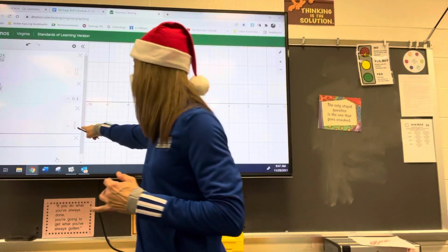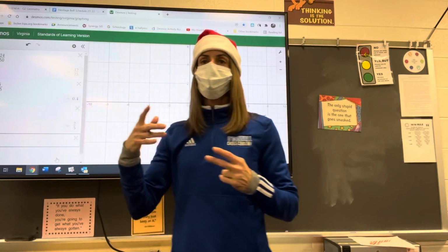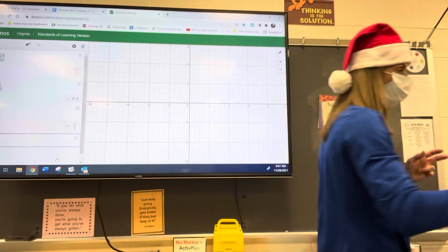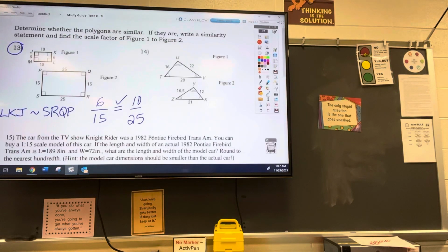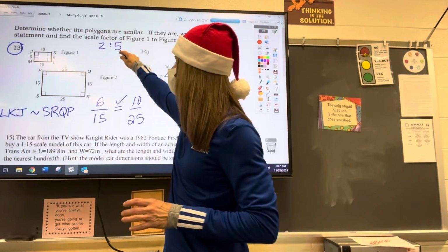How would it change if we wrote 5 to 2? How would the question be worded if the answer was 5 to 2? Because this one is 2 to 5. Scale factor is 2 to 5. We can write that as a ratio, as I just did, or as a fraction, 2 over 5.